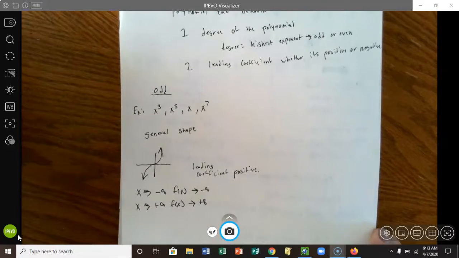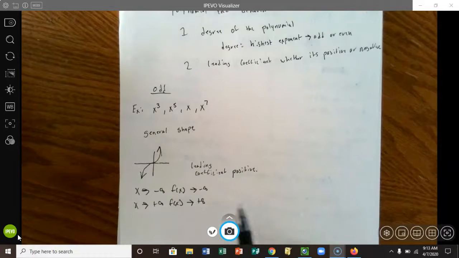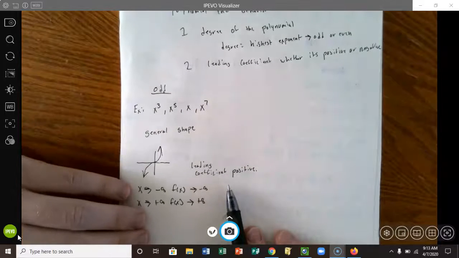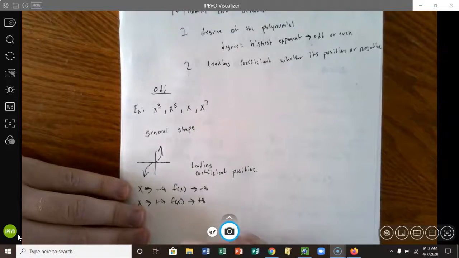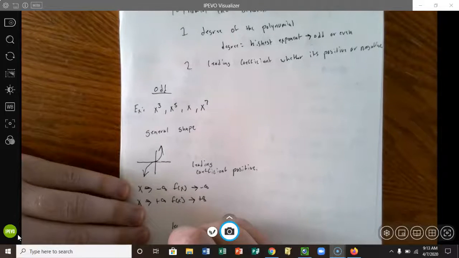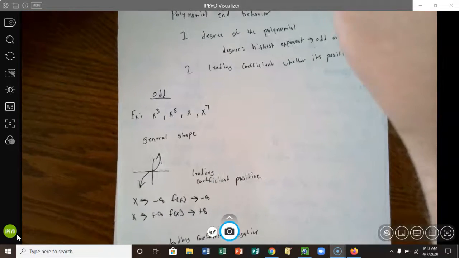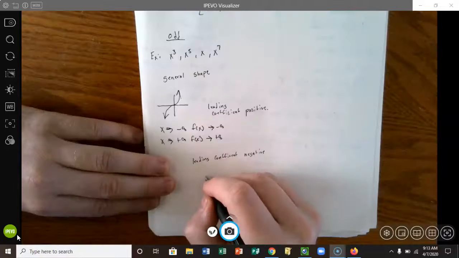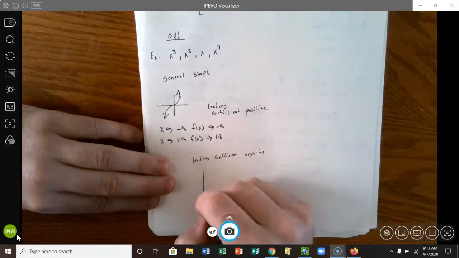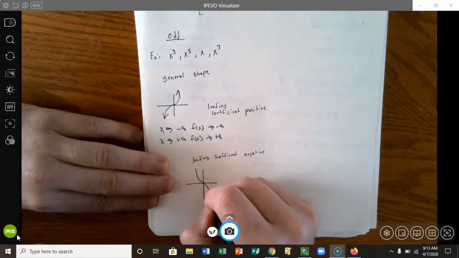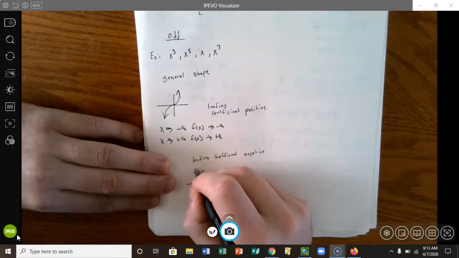Okay, so now that brings us to our next situation: if our leading coefficient is no longer positive, it is negative. With the leading coefficient being negative, the general shape of our graphs is going to start high and end low.